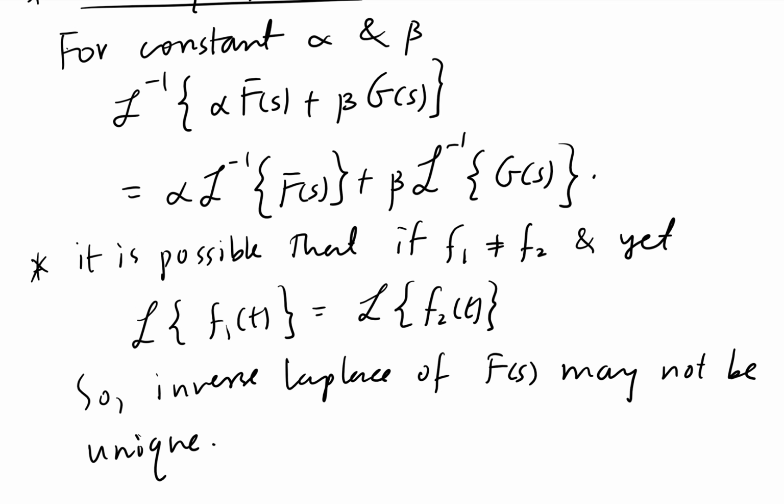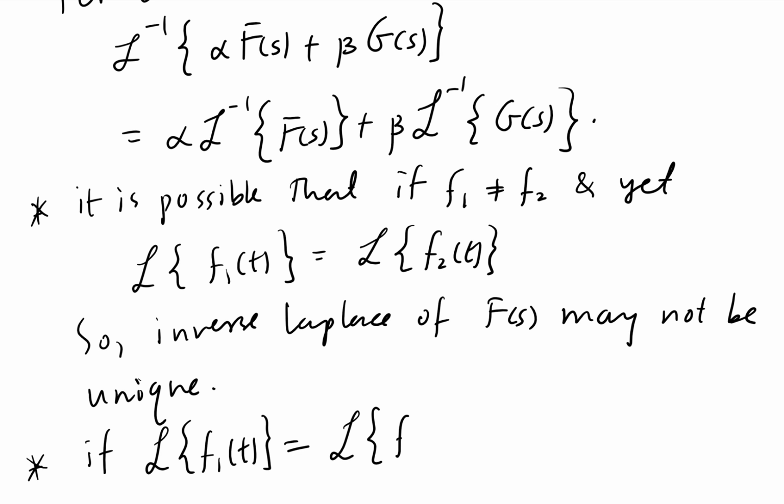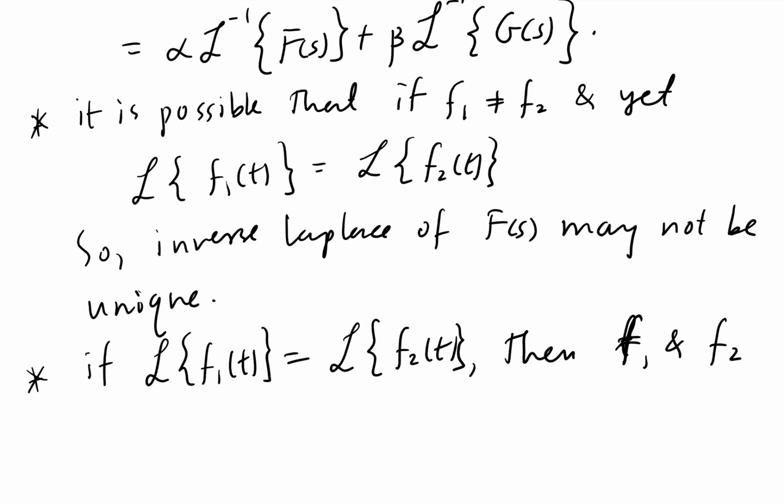Now, how about the other way around? If their Laplace is the same, are the two functions the same? Well, if the Laplace of f1 is the same as the Laplace of f2 of t, then f1 and f2 are not exactly the same, but essentially the same.